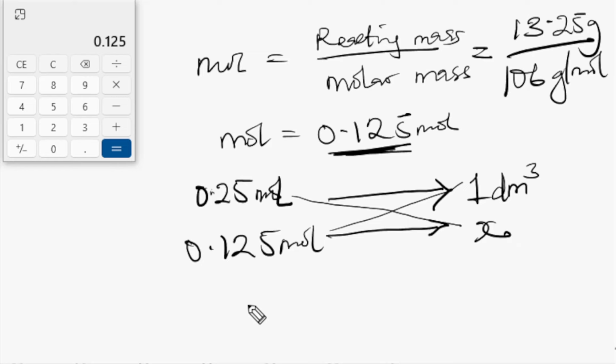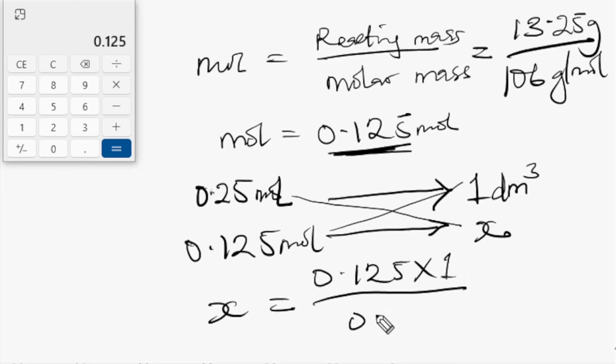So at this point, guys, x will be equal to 0.125 times 1 over 0.25. So let's go ahead and point our calculator. So this is this divided by 0.25, and guys, this is 0.5 dm cube. So guys, that's the answer to this question.